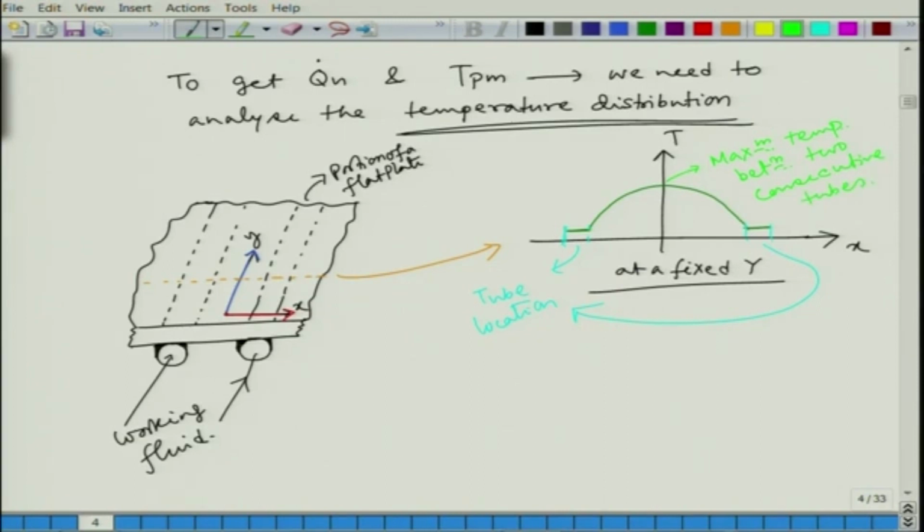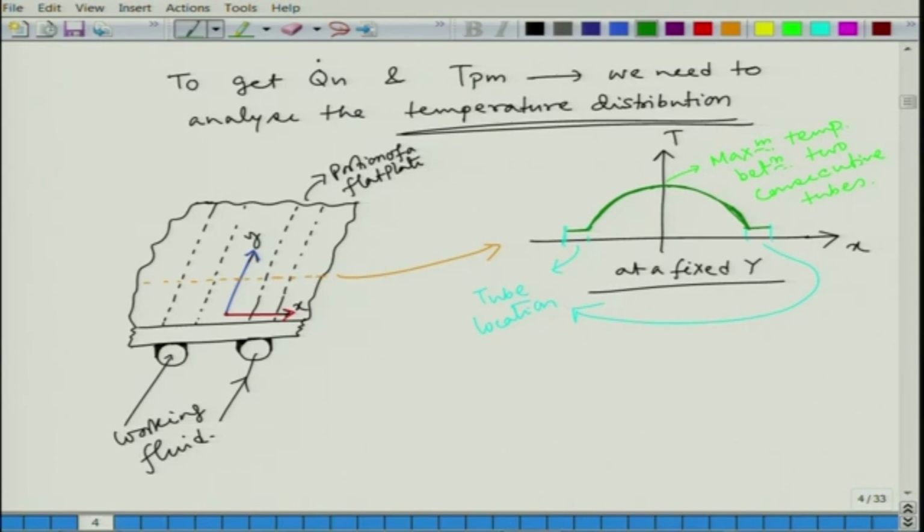If the temperature profile is like this, then whatever heat accumulates in between will go down the slope and reach the tubes, so that the heat can be carried by the working fluid. Intuitively, we do not know the value of the maximum temperature, but we do know the shape of the curve will look like this.